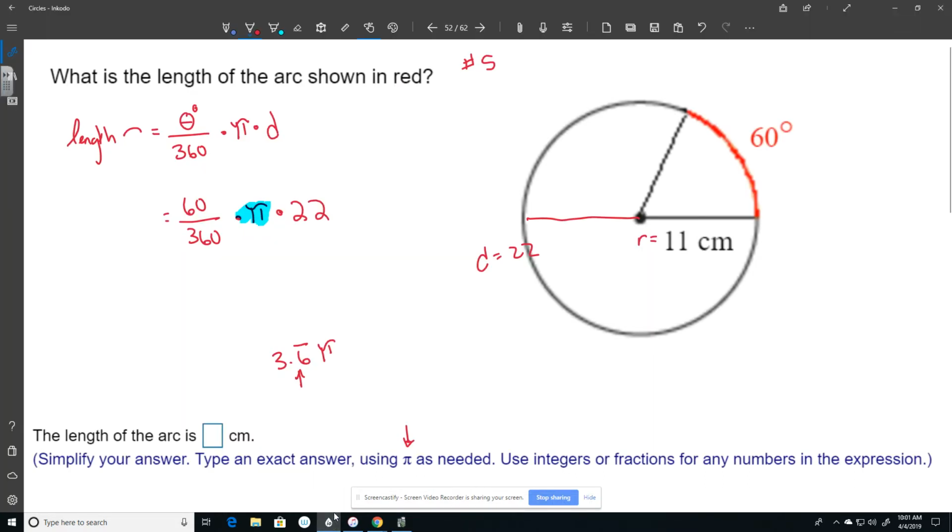So instead of 3.6 repeating pi, my answer is going to be 11/3 pi. So be careful that you read how the answer is expected to be put in carefully. Otherwise, you might put in 3.6 repeating, which is technically true, but it wants it as a fraction.